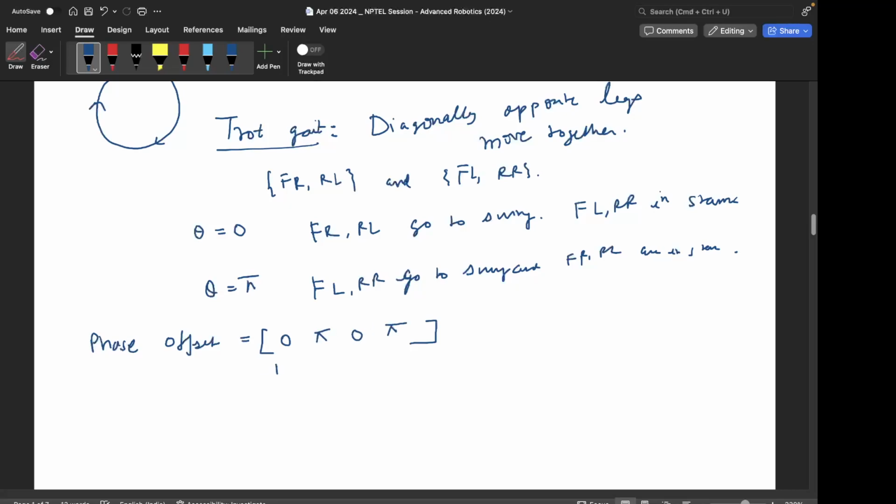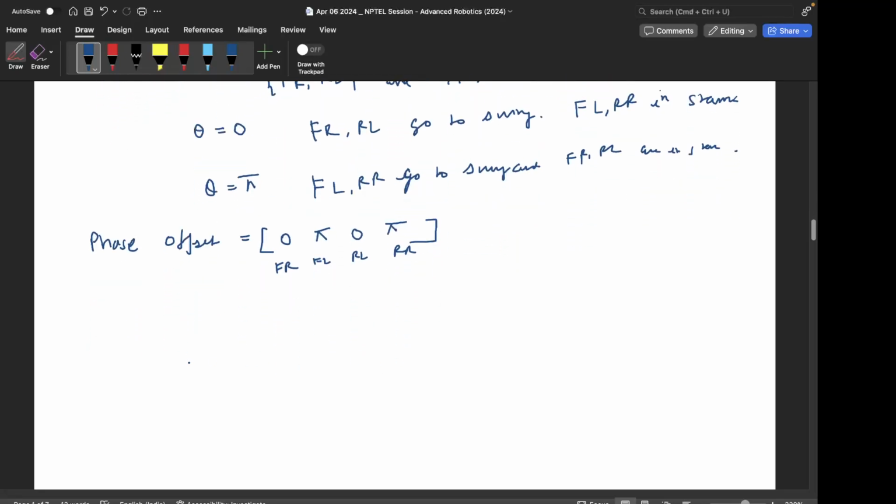So this is FR, FL, RL, RR. Legs having the same phase offset means that they are moving together. Here, by seeing this, you can say that FR and RL are moving together, and they are at an offset of pi from FL and RR, which again are moving together. So that is phase offset.